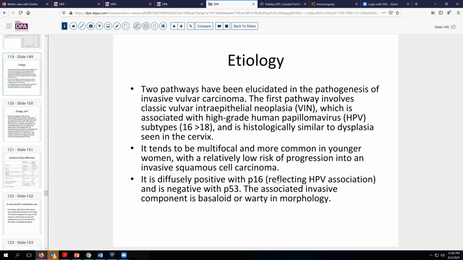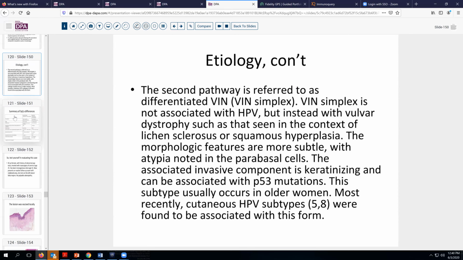These will always be P16 positive, but usually negative with P53. And the invasive component tends to be basaloid or somewhat warty. The second pathway is that we've mentioned with differentiated VIN, which is a P53 mutation-related pathway, usually in older women. And occasionally, or at least more recently, some HPV subtypes have been associated with this, although it's interesting that these lesions are typically P16 negative.